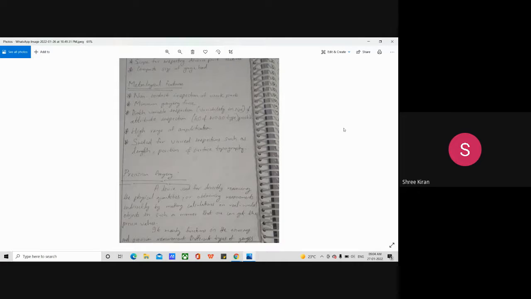It is not done manually but by obtaining the measurements indirectly, by making calculations on real world objects, so that one can get the precise values.